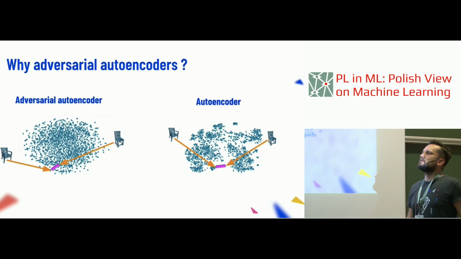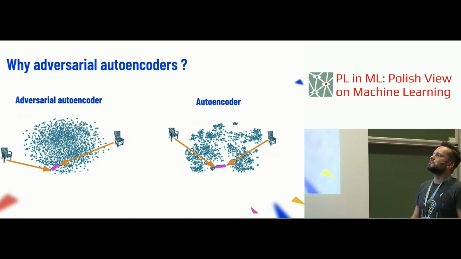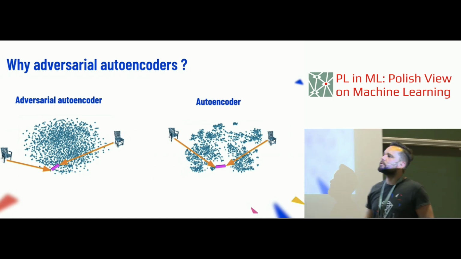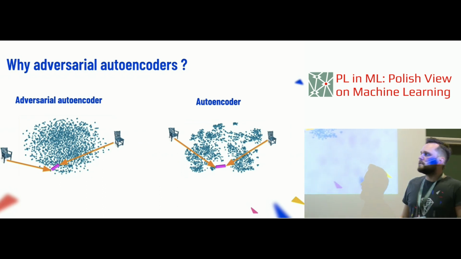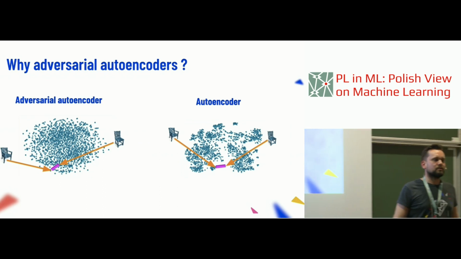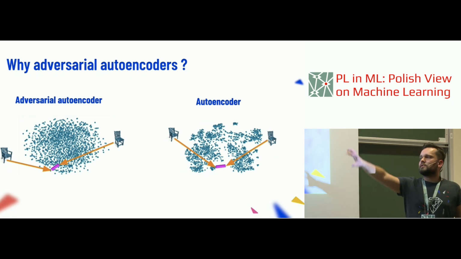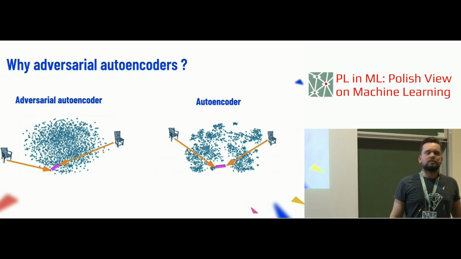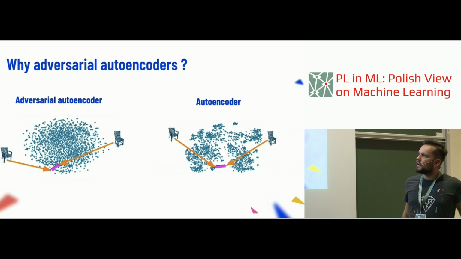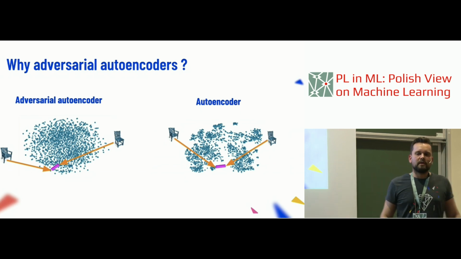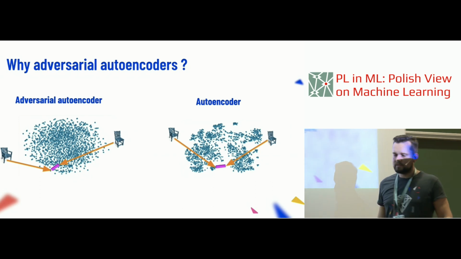So here we can see the results of this adversarial training. Here we have the simple autoencoder, and there we can observe the adversarial autoencoder. So you can see that the distribution for the adversarial autoencoder is pretty good. And for the simple autoencoder, we can observe interpolation gaps like here.